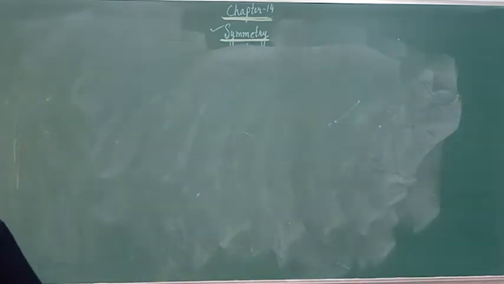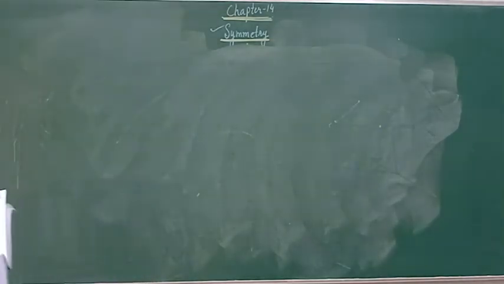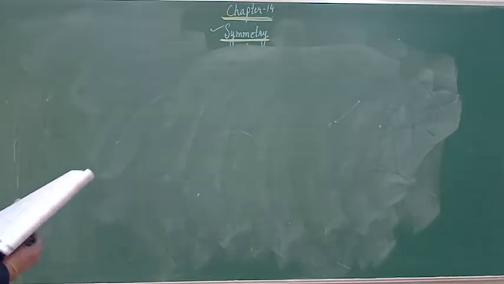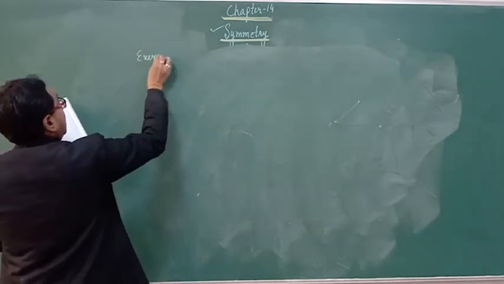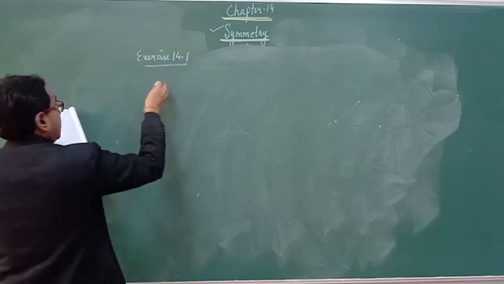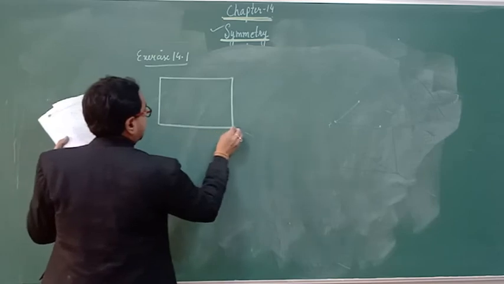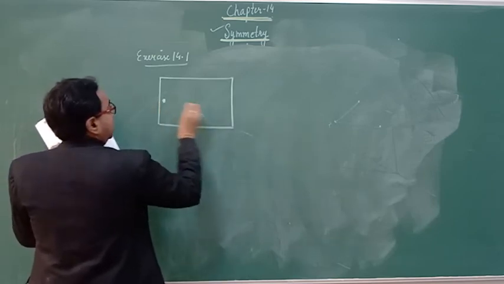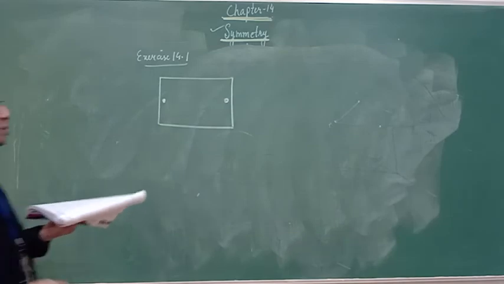Question number 1, basically: they have given you the figure with the punched hole. Exercise 14.1, first question: they are given the figure with punch holes, for example this hole and this hole. We have to draw the axis of symmetry.